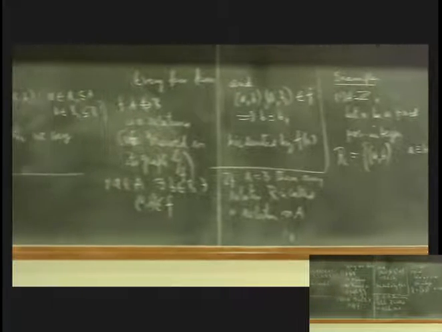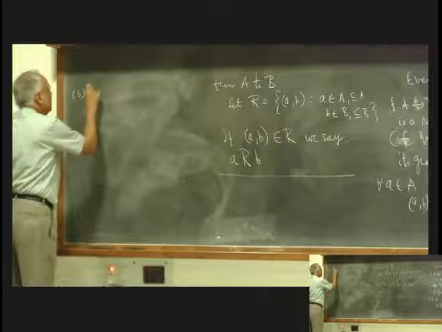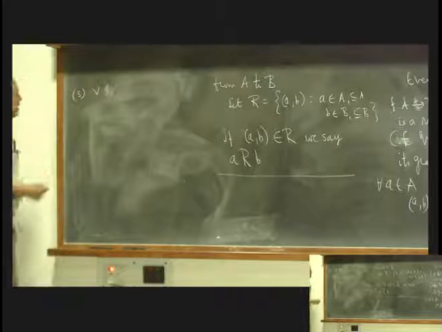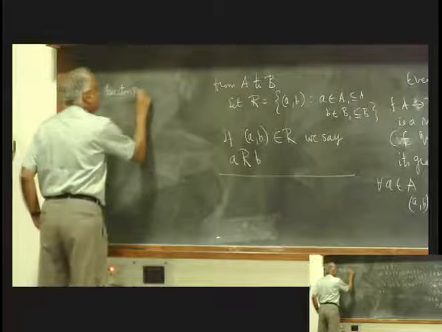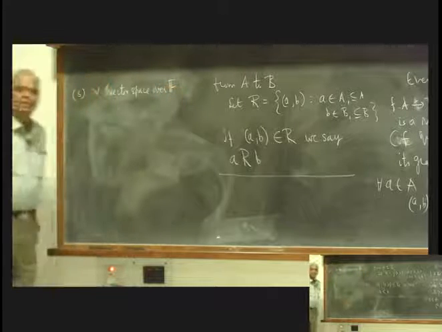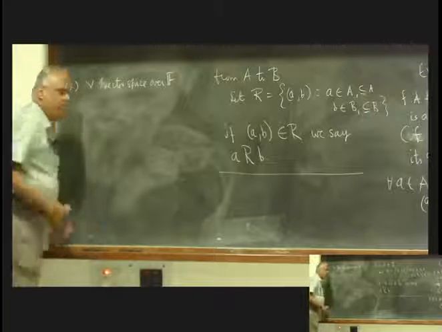Let me give more examples now. Randomly I will give you examples. Let V be a vector space. I can't lecture without linear algebra. So V is a vector space over F, where F is a field.